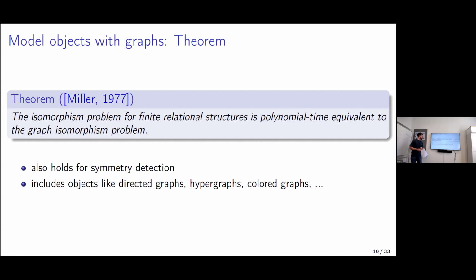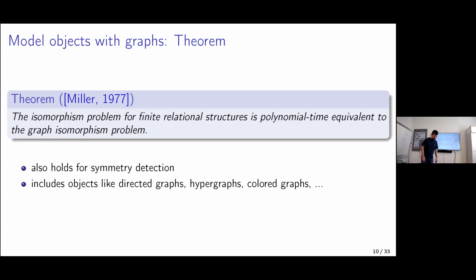So the idea is that you can build graph gadgets which model richer structures. And so you can most of the time reduce your problem to solving graph isomorphism or to detecting symmetries of graphs. But this is sort of the wrong way around, because graphs don't seem that expressive on the surface level, but again, this modeling just works.